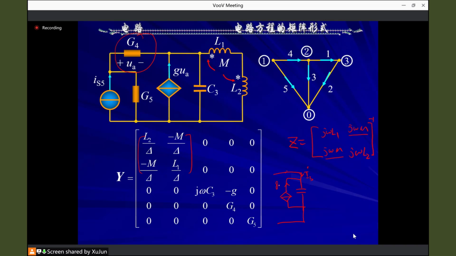This is G UA. So the total I3 equals U3 over j omega 3 minus G UA. UA is U4, which means G U4. So this position is minus G here. This position is j omega C3.